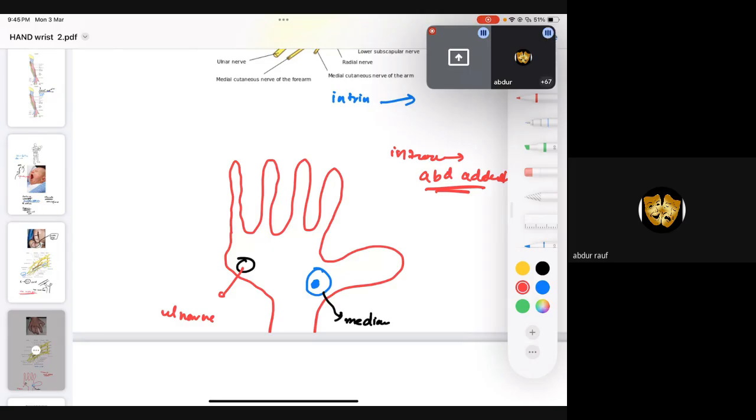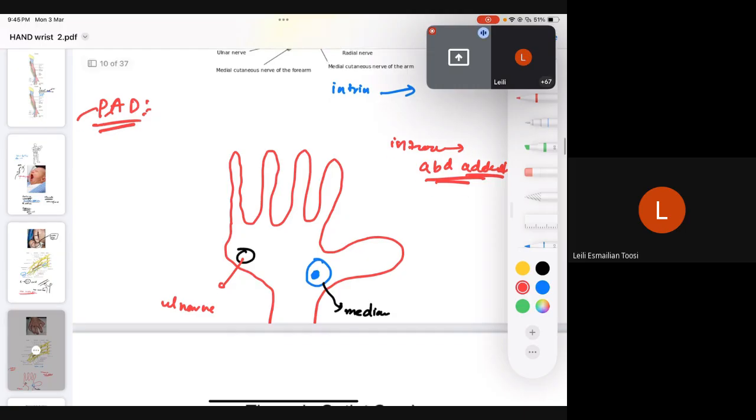The mnemonic for that is PAD, right? So palmar adducts.